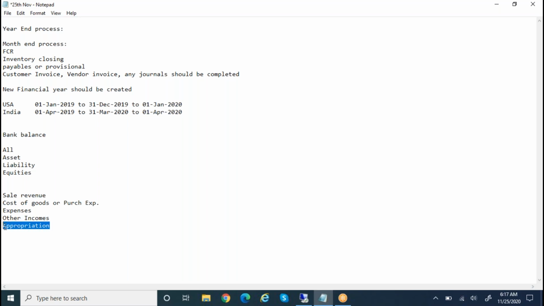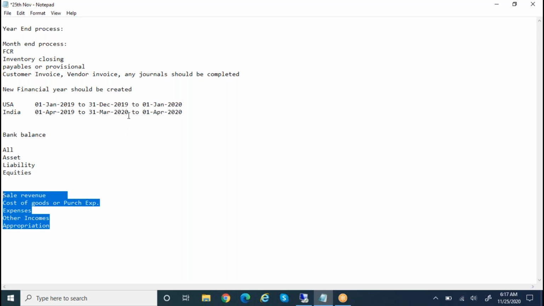And appropriation means here you are going to arrive at the calculations. In this, I will arrive at gross profit. In this appropriation, I will get net profit. So all this combined together, I will get the final profit of the company.